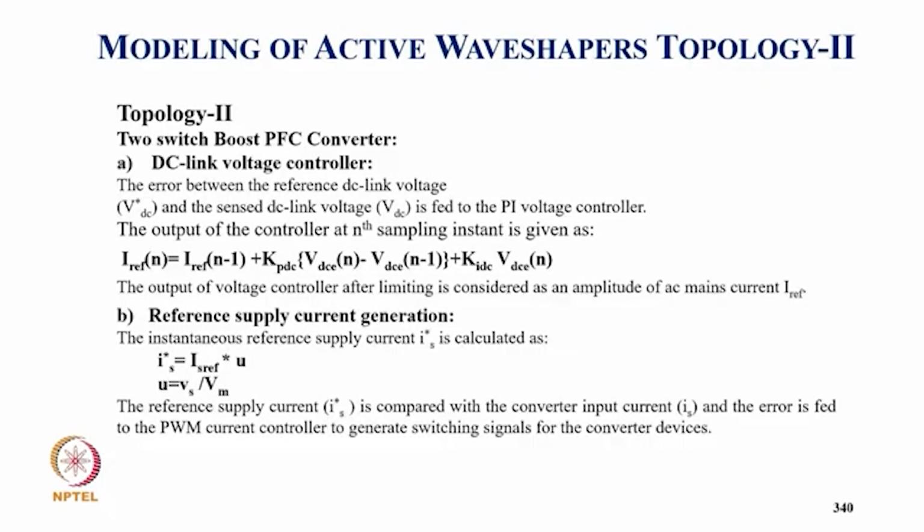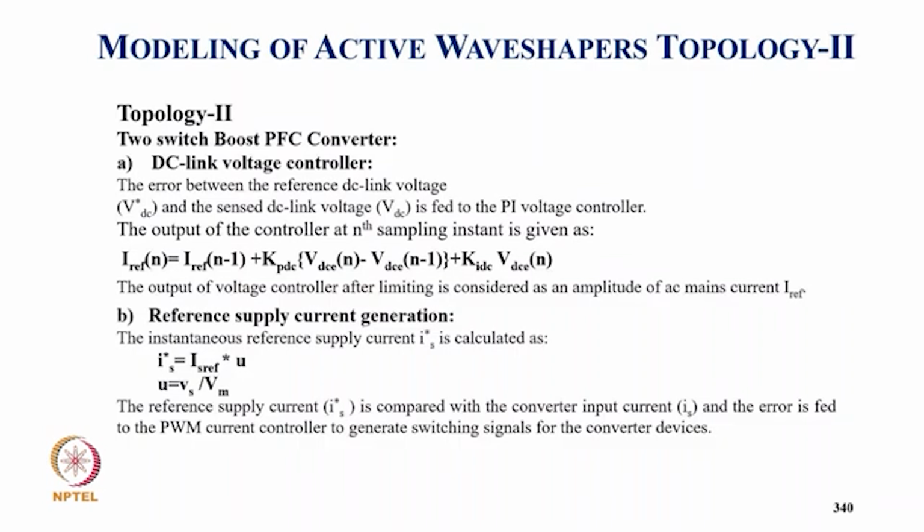So now coming to topology 2, the two switch boost converter PFC. The DC link voltage controller takes the error between the reference DC link voltage V_DC star and the sensed DC link voltage V_DC, and feeds it to the PI controller. The output of the controller at the nth sampling instant is given as I_ref(n) equal to I_ref(n-1) plus Kp_DC (V_DC star(n) minus V_DC(n)) plus Ki_DC V_DC(n).